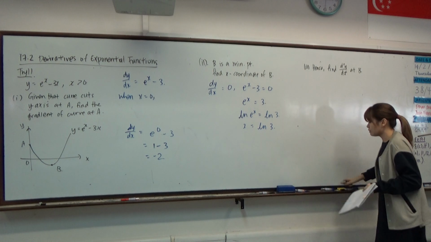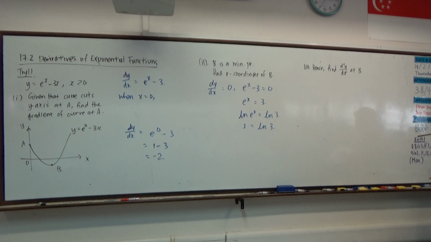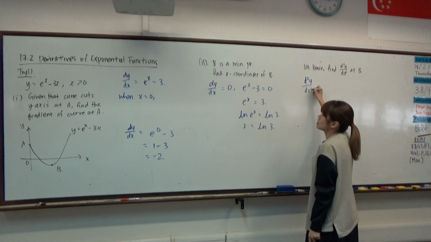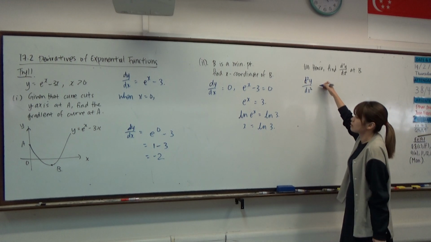Hence we want to find out what is the second derivative at B itself. The question did say that B is a minimum point, so definitely you will expect the second derivative to give you a value more than 0, right? Please make sure that the question is consistent with your answer, just in case you make any mistakes in your calculation.